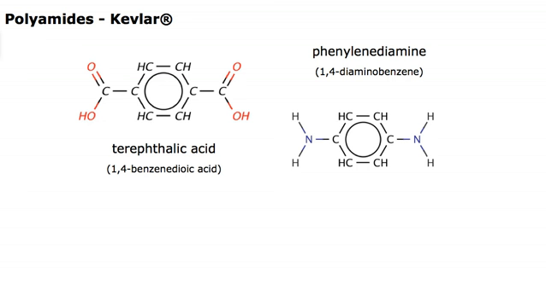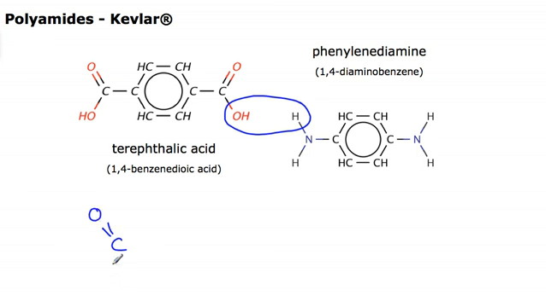So Kevlar is a very useful material, and it comes about by condensation polymerization between terephthalic acid, which we would commonly refer to as 1,4-benzene dioic acid, and phenylene diamine, or 1,4-diaminobenzene. And so here's where we're going to form that bond, that amide linkage. And so the molecule we get looks like this.